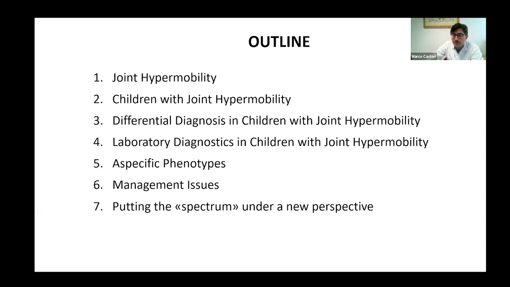I also dedicated a few slides to specific phenotypes, namely hypermobility and hypermobility spectrum disorders, and some management fields. The last part of the presentation will be dedicated to some mental exercise around the current concept of spectrum disorder in order to put it in the best light.